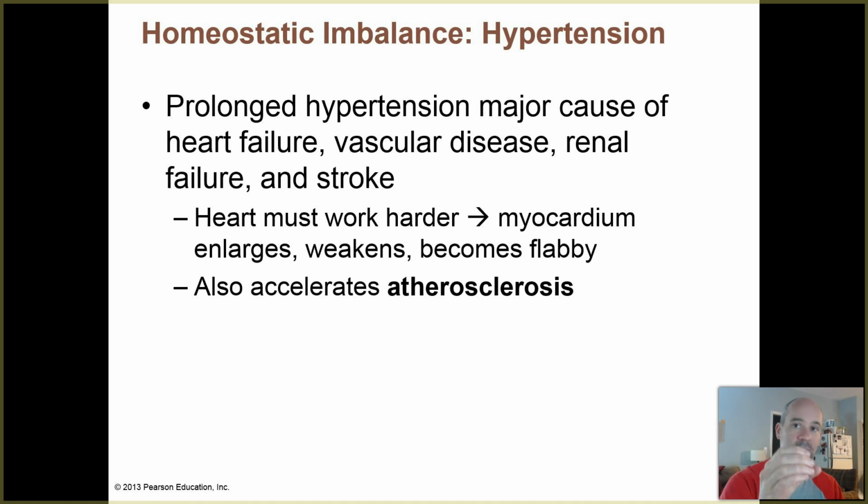If you have higher aortic pressure, that afterload is higher, and so the walls of the left ventricle have to contract with more force to get blood up into the aorta and out into your systemic circulation. So if you have longer term hypertension, that means you have higher pressure in the aorta, that's higher afterload, and your heart is going to have to work harder to circulate blood. That can lead to heart failure over time if it's not corrected.